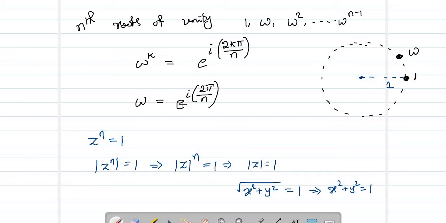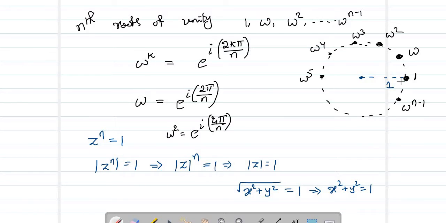When it comes to the next one, omega square, it is e power i 4 pi by n, so it is a bit further along, somewhere here. Similarly here omega cube, and omega power 4, omega power 5, and so on. If you proceed in this way, here you can have omega power n minus 1.